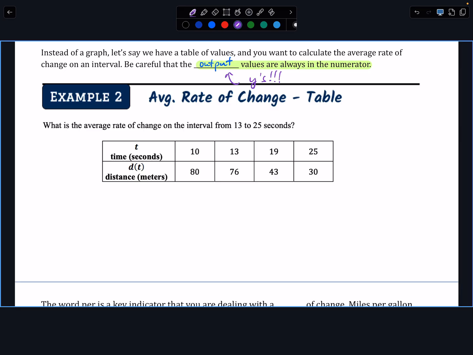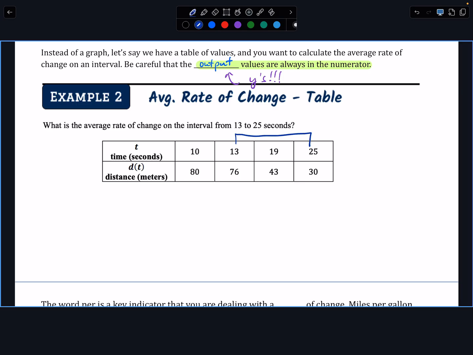Okay, so we need to read the problem correctly. 13 to 25 seconds. So which row is that? Top row or bottom row? Which row says seconds? Top row. So what I'm looking for is, what is the change from 13 to 25 seconds?